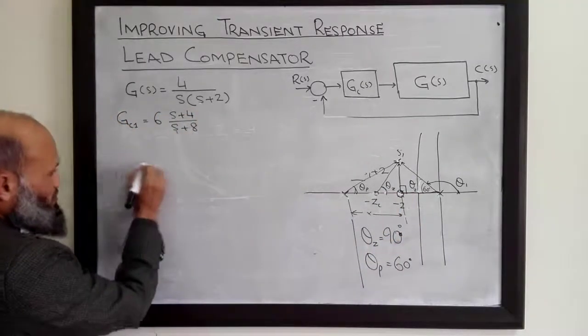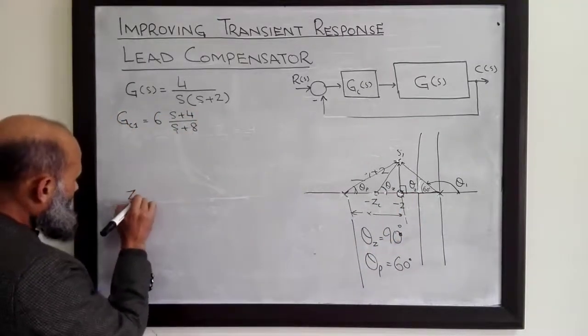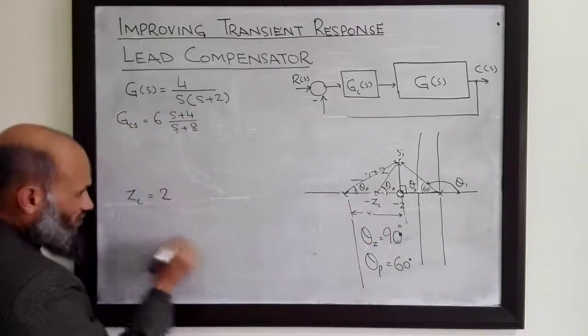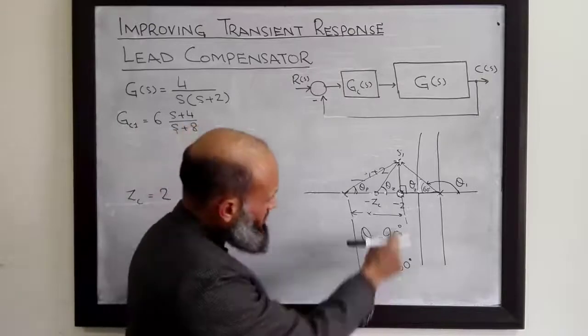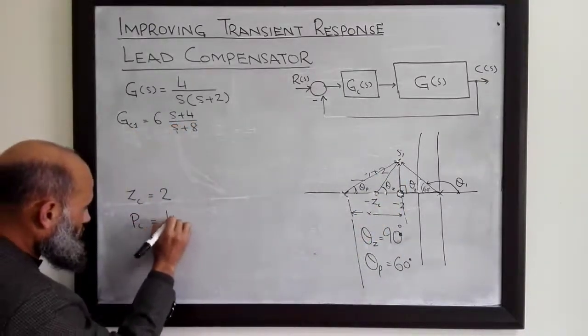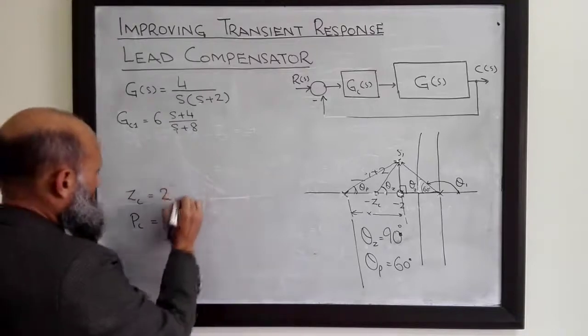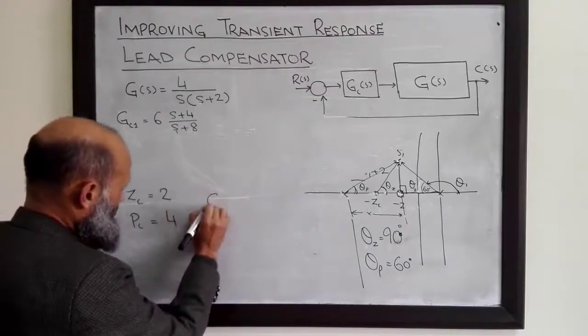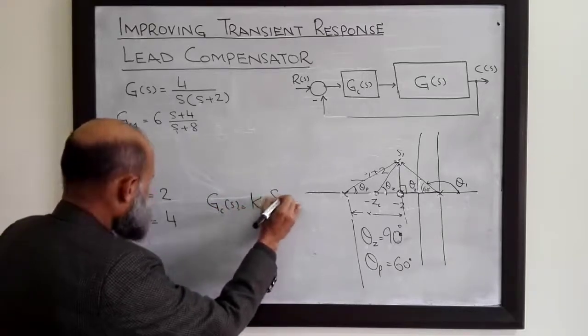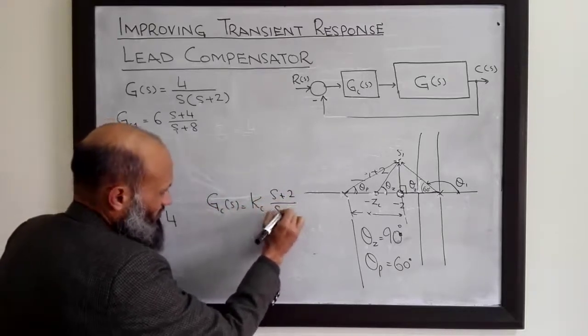That is, Zc will be equal to 2, and for the pole to contribute 60 degrees, it must be at s equal to minus 4. Therefore, the transfer function of the compensator Gc(s) is equal to Kc (s plus 2) over (s plus 4).